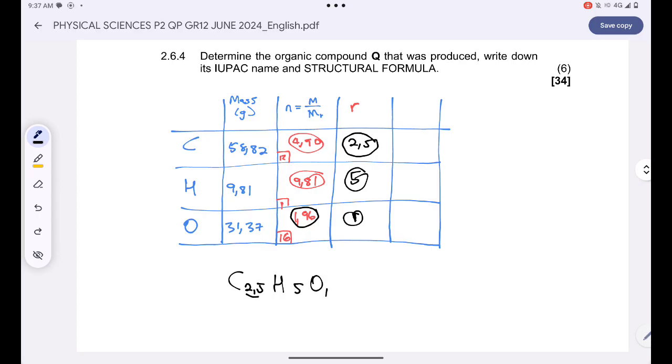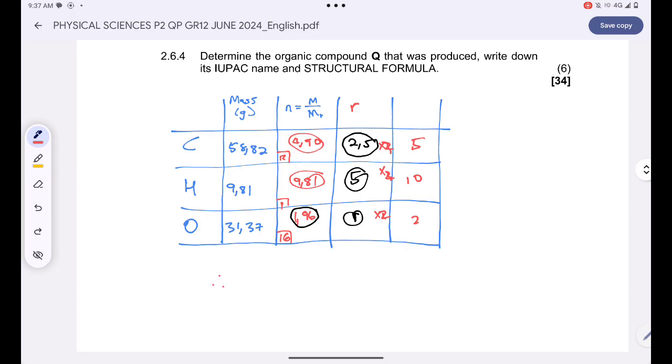But it doesn't look right for us to have a fractional subscript. So to fix this problem, I multiply all my ratios by 2. 2.5 multiplied by 2 is 5, 5 multiplied by 2 is 10, and 1 multiplied by 2 is 2.